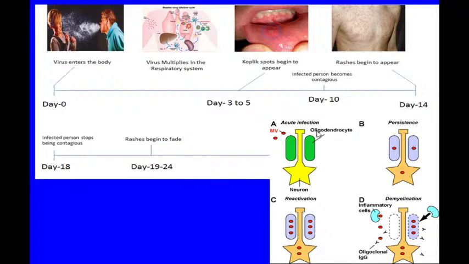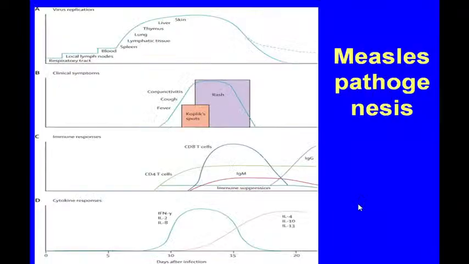And here you can see that in acute infection, the oligodendrocytes can be infected, and they may cause persistency of it. Then the damage of the neurons and oligodendrocytes, and then the damage to the brain tissues and demyelination of the brain tissues.